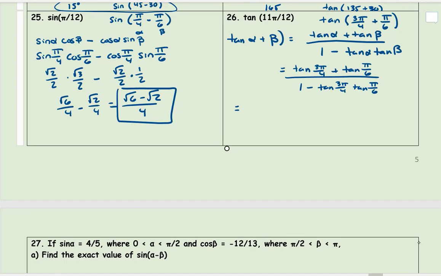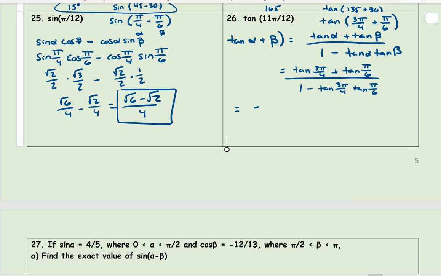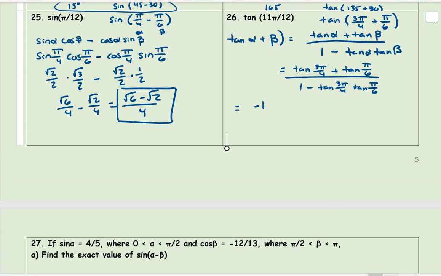So now what we're going to do is look in the unit circle. Tangent of 3 pi over 4 is, what is that, -1. And then we have tangent of pi over 6 is root 3 over 3. And that's all over 1 minus -1 times root 3 over 3.